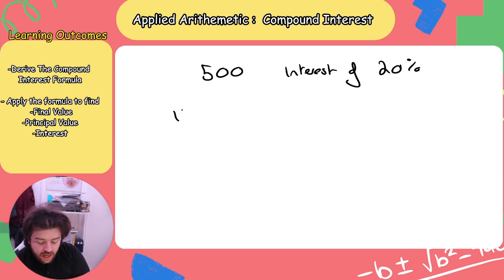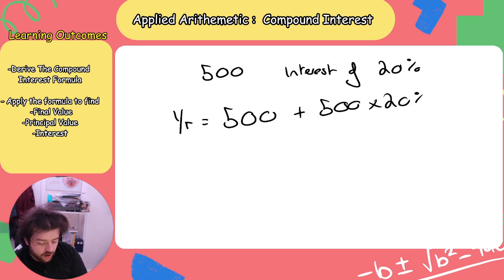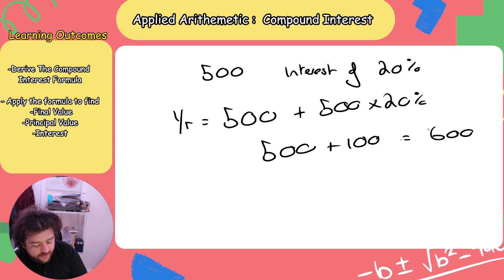So you're going to get interest of 20% of that 500 every year. So year one, in your savings account, you are going to have €500 plus 20% of that €500, which is 100. So at the end of year one, you're going to have now €600 in your bank account.